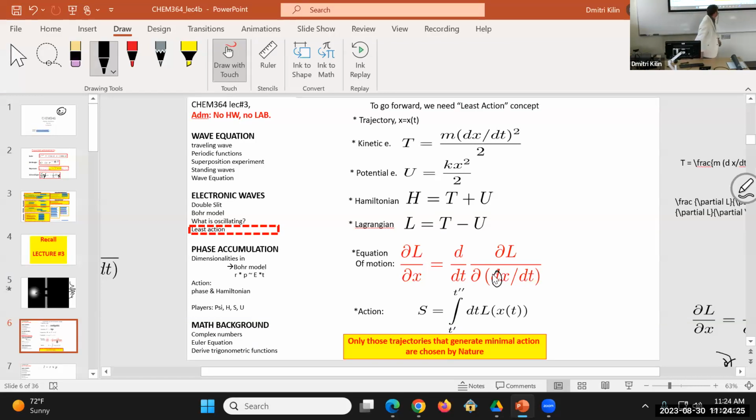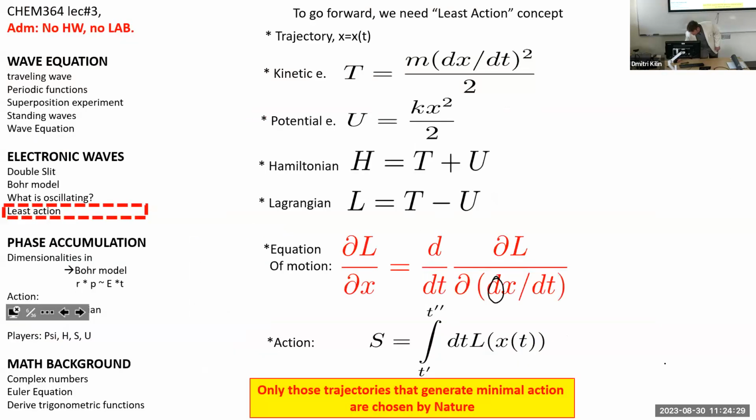Briefly, if a particle travels a certain path, then one can set up a single number that will summarize all details of the path. L is kinetic minus potential, x of t is the path, from initial time to final time. If one changes the path, the action will have a different value.